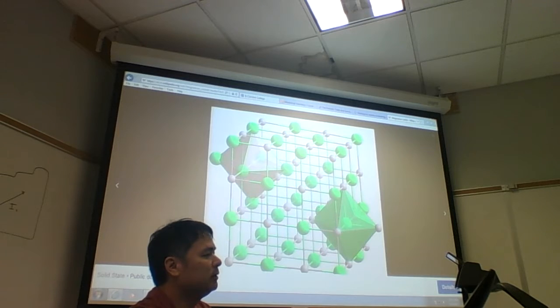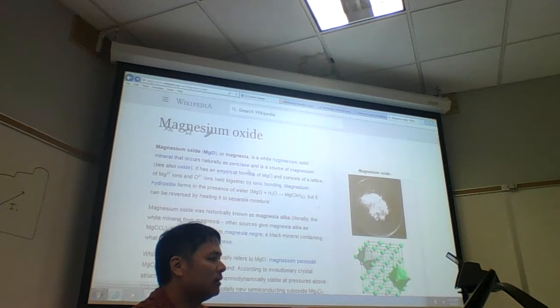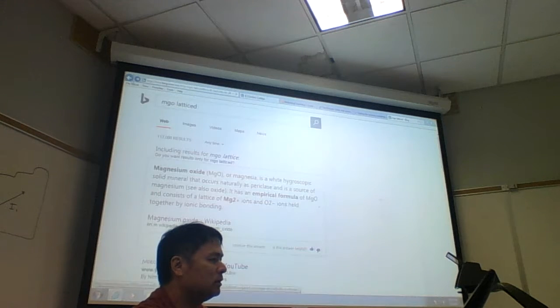Here, we build this lattice using that. Let's see if we have some other images of the lattice here.